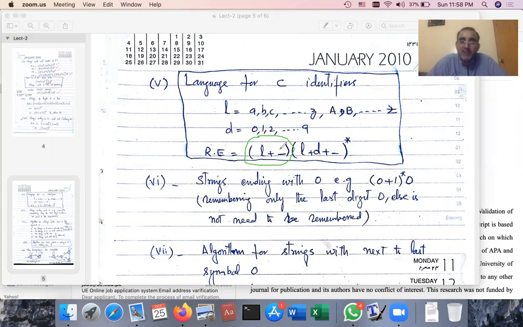However, after writing the first letter, in this part we are allowing digits. So L plus D plus underscore and whole star means any combination of lowercase letters, uppercase letters, digits, and underscore. This was an easy one, so leave it here.